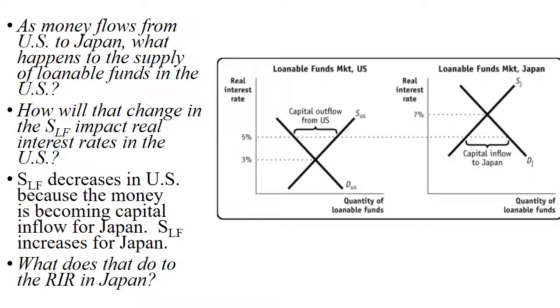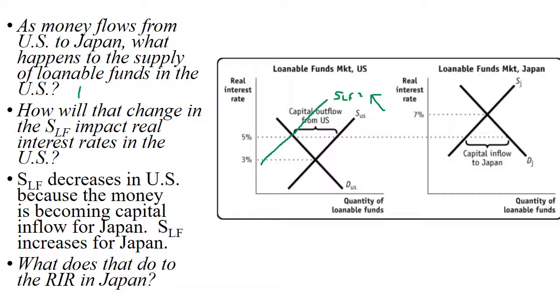Let's see how this looks on the loanable funds models. As Americans decide to put their money into Japanese banks, they're going to take them out of their bank accounts. So the supply of loanable funds in America decreases. So what happens to it?